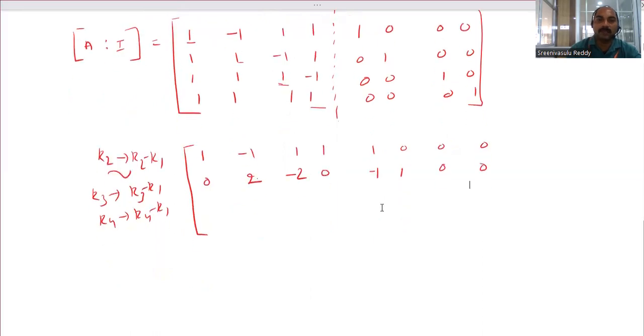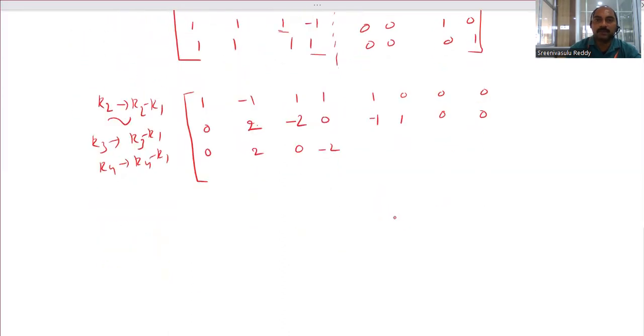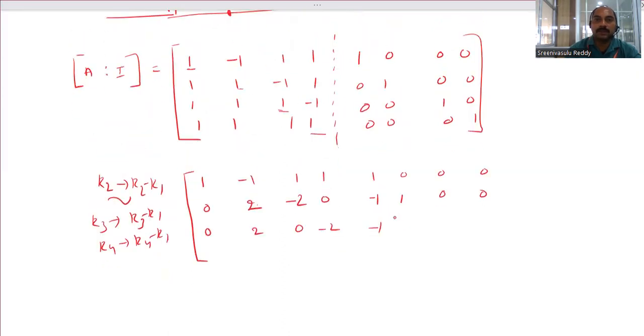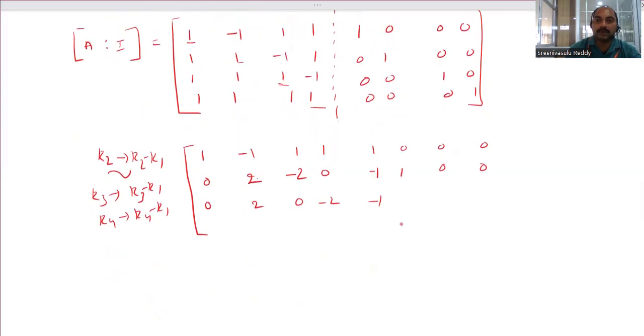This is the resultant R2 row. The resultant R3 row is 0, 2, 0, minus 2, minus 1, 0, 1, 0. The last row is 0, 2, 0, 0, minus 1, 0, 0, plus 1.